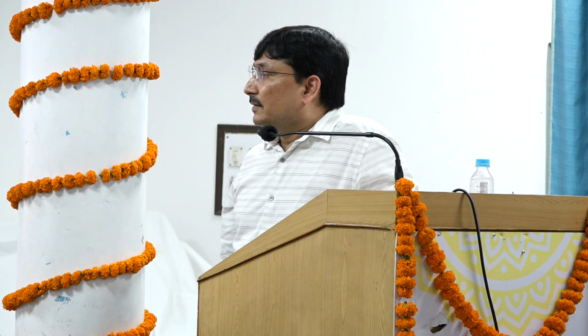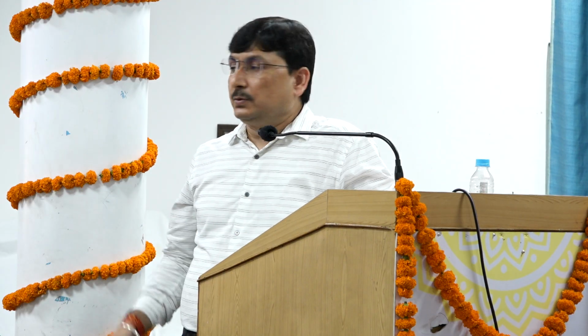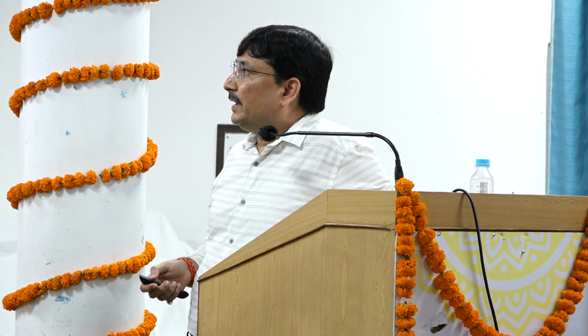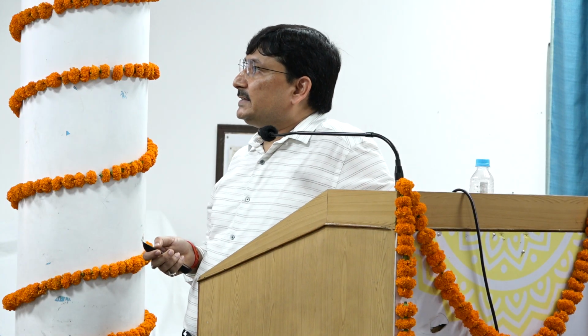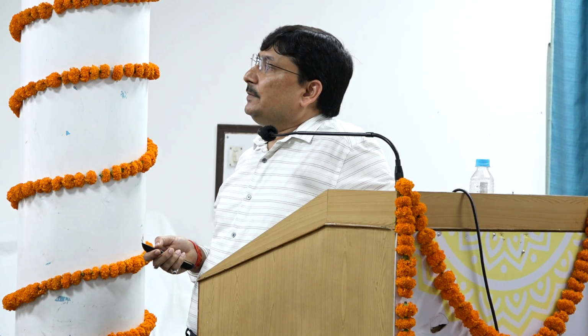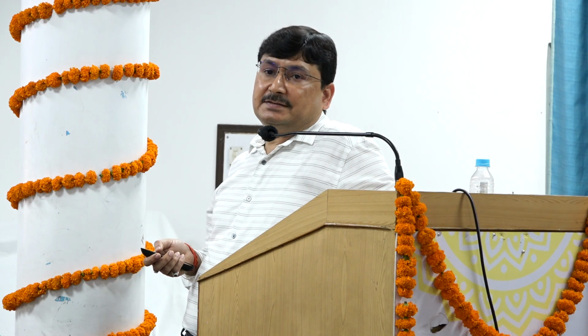This is one of the blockchain case studies. In this case study, I am putting here, this is related to a business application: blockchain based supply chain management in the food industry.